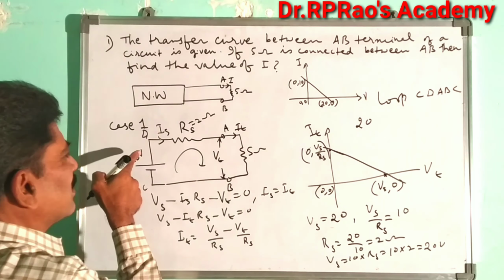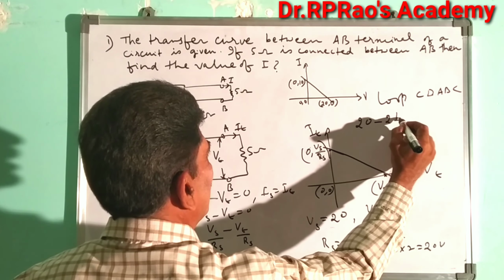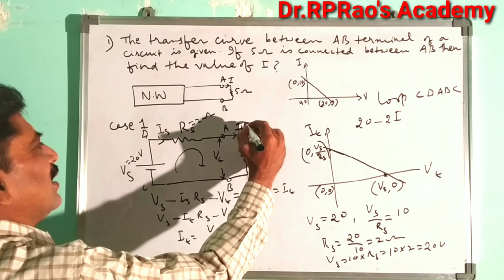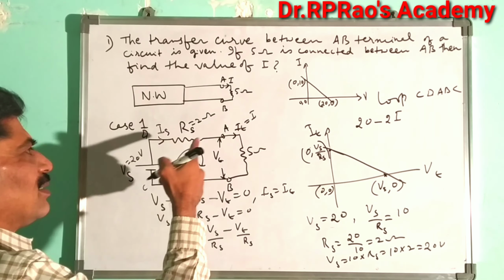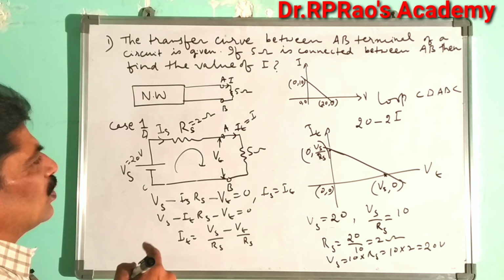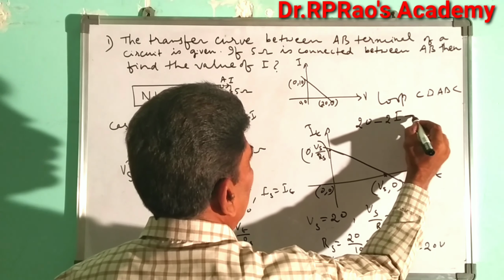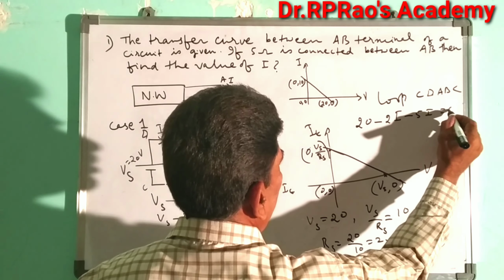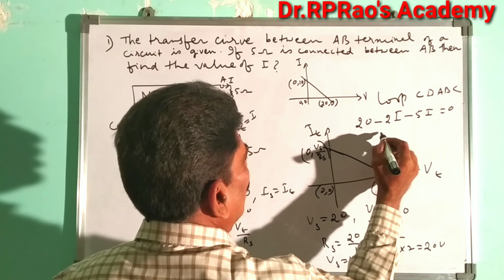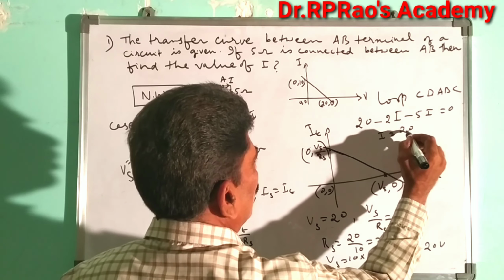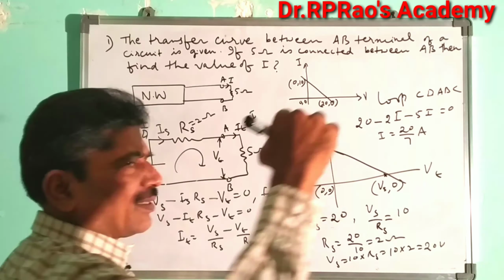In the direction of current, drop in voltage, minus 2 into Is, minus 5 into I. Is is nothing but I, and It is nothing but I. So 20 minus 2I minus 5I is equal to 0. So I is equal to 20 by 7 amperes, which is the answer.